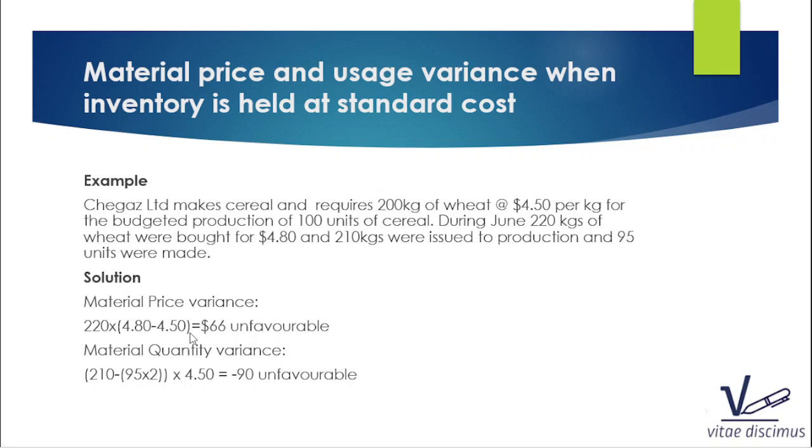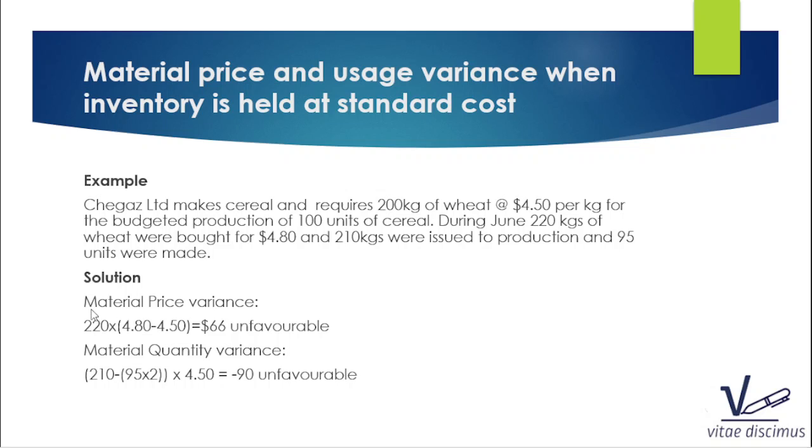So there will be a price variance because our standard cost is different to our actual cost on these 220 units. There will be a $66 unfavorable based on the actual units purchased.